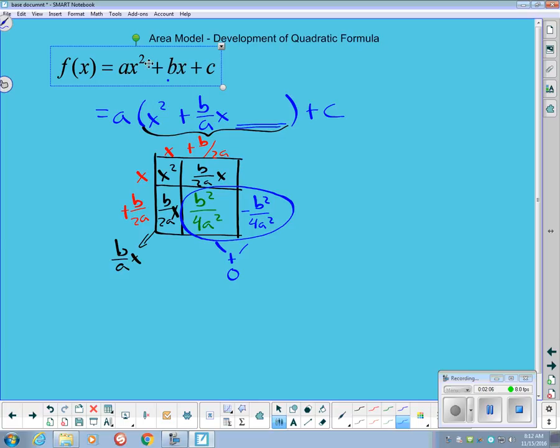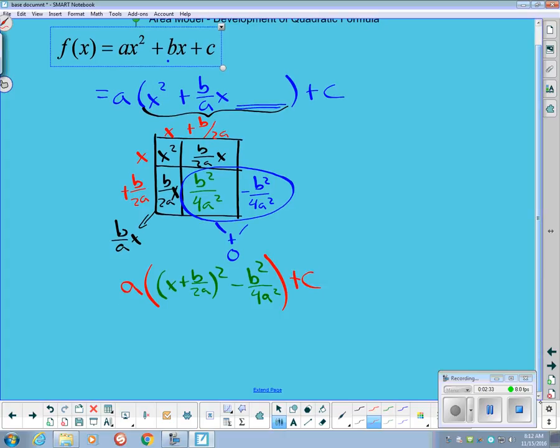So if we write that part, what it looks like for this is the area of the square is x plus b over 2a, squared, and I have the add-on part of minus b squared over 4a squared. Of course, all of that is inside of this a plus c, like that.